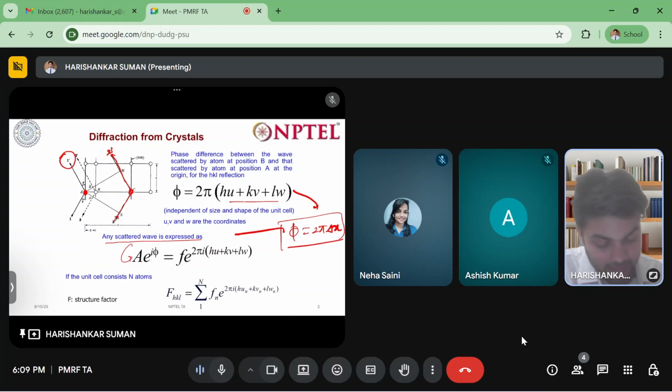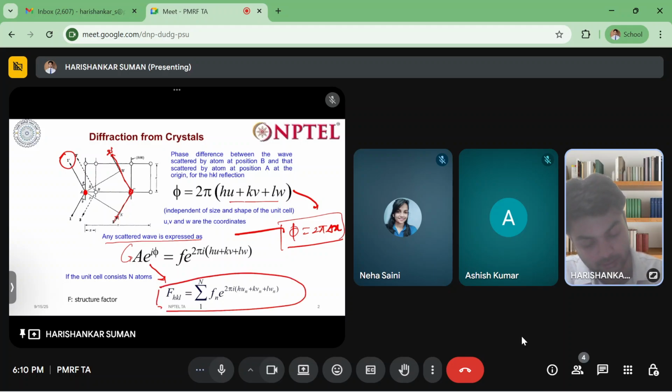If the unit cell consists of n atoms, then we can express the sum for different HKL, 1 to n. So this is the structure factor. Please remember, it is scattered by the atoms.